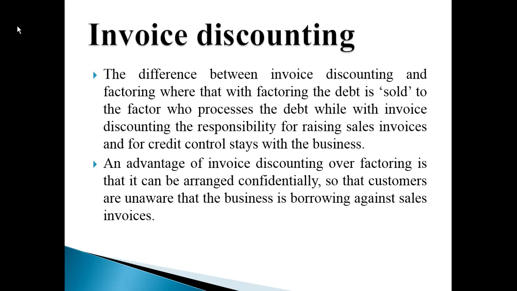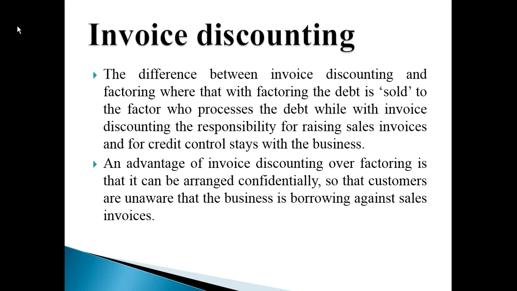The difference between invoice discounting and factoring is that with factoring the debt is sold to the factor who processes the debt, while with invoice discounting the responsibility of raising sales invoices and for credit control stays with the business. Okay, so the customers will not know about this, unlike in factoring where the debt is actually sold.